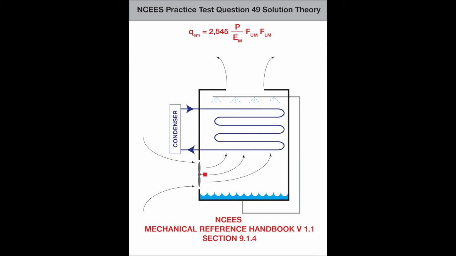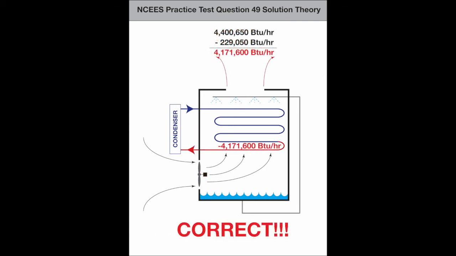No data is given in the question about efficiency, use factor, or load factor for the motor, so assume these are 1. This means a simple equation, which is essentially a conversion from brake horsepower into BTU per hour. This is the amount of heat energy contributed to the exiting air which is not taken from the condenser water. When you subtract that heat energy, you are left with the actual amount taken from the condenser water.